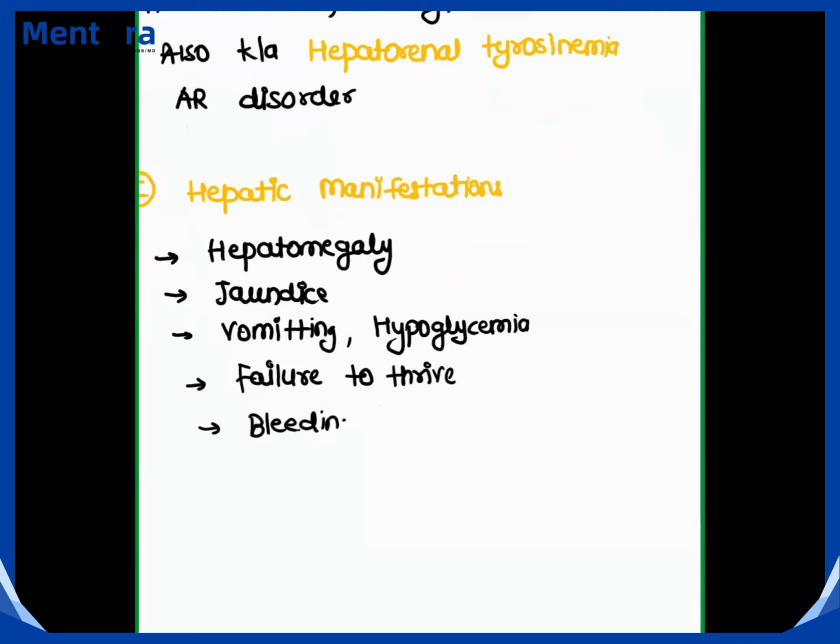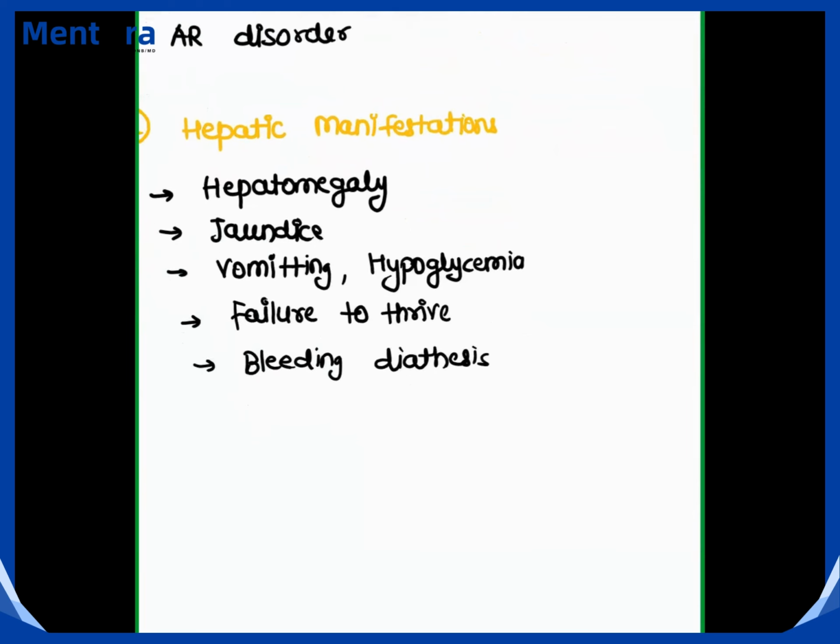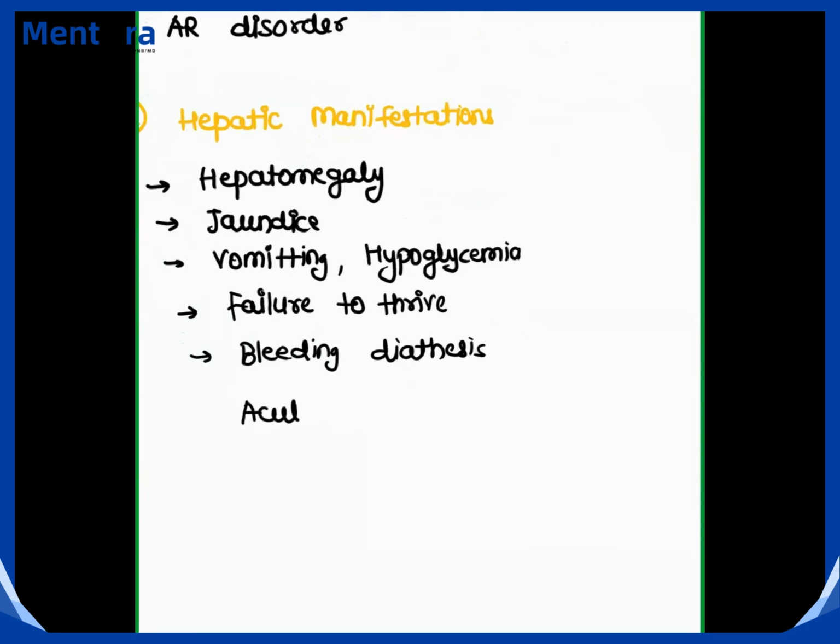There is bleeding diathesis, and it can progress to acute liver failure, chronic liver failure, or hepatocellular carcinoma.